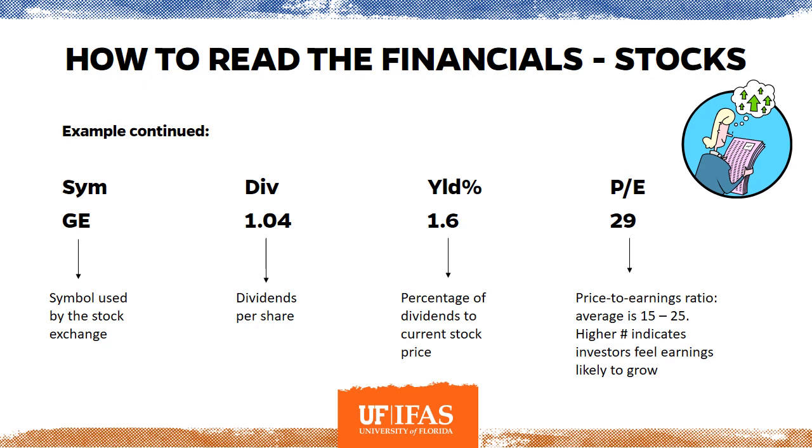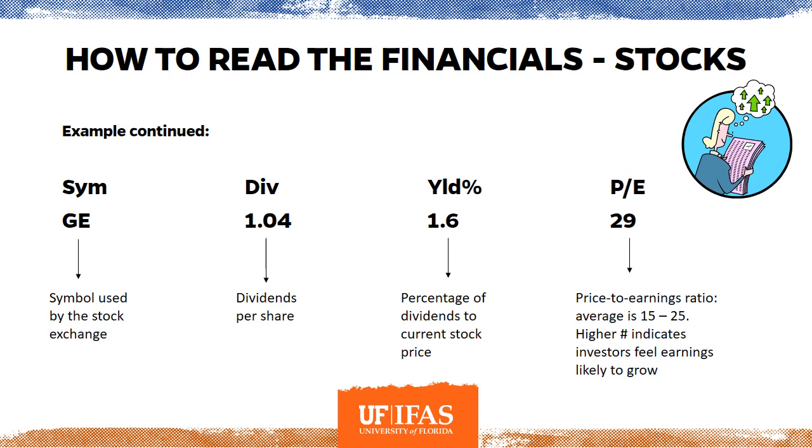The higher this number is, that indicates that investors feel that the earnings are likely to grow, that this dividend of $1.04 is likely to go up. So a price to earnings ratio average is between 15 and 25. This one, 29, is a little bit above average. So investors somehow feel that the earnings are likely to grow.